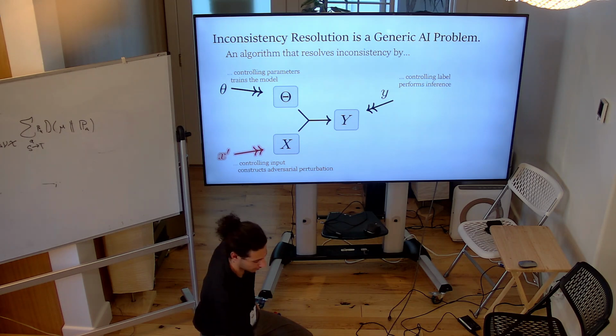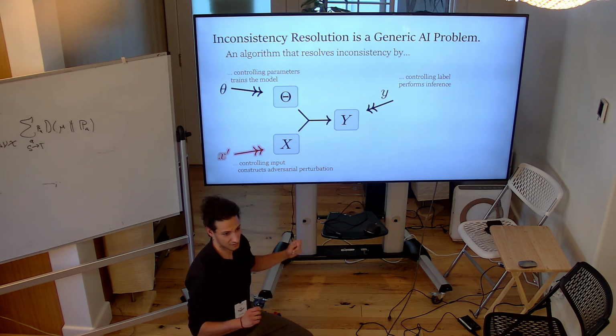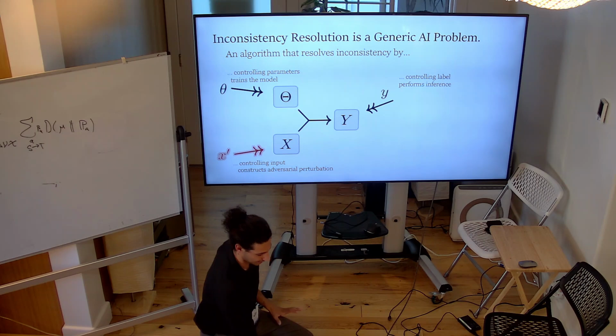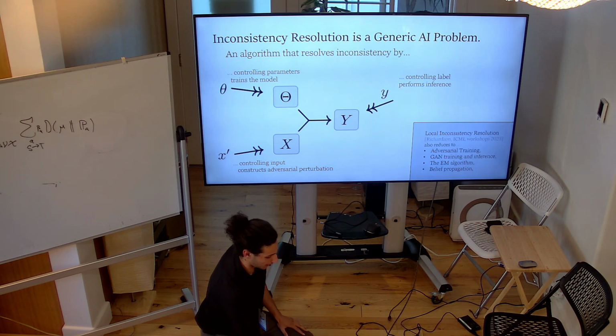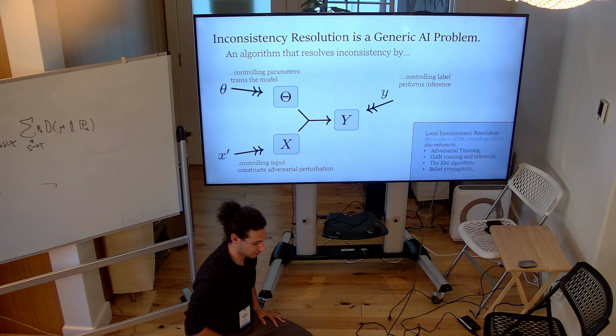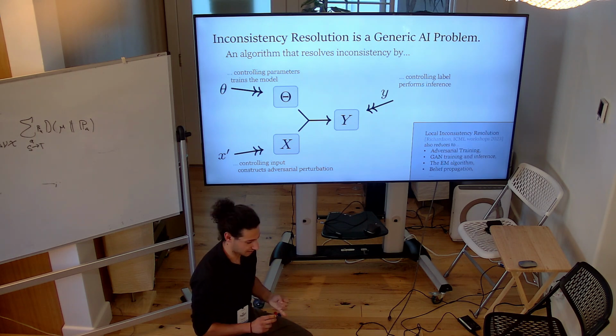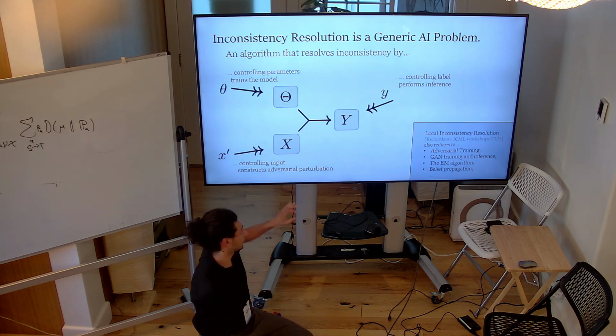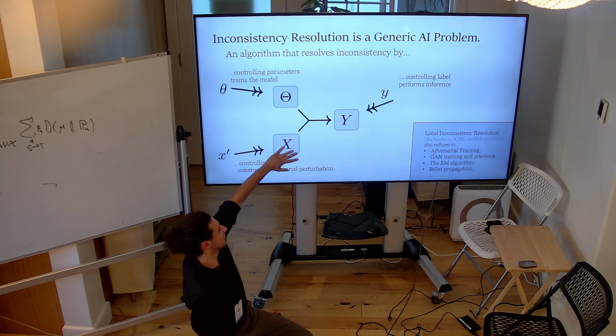Great. So all these standard AI problems can be viewed as different ways of resolving the same inconsistency. And at a higher level, this was just an illustration. At a higher level, inconsistency resolution gives rise to adversarial training. I didn't show it, but typically when you find an adversarial perturbation, you also need an L2 norm here.